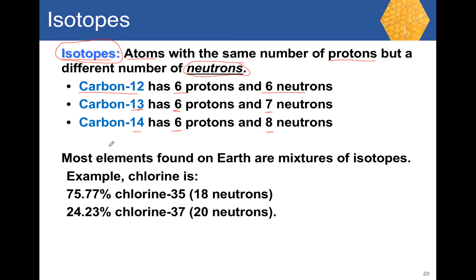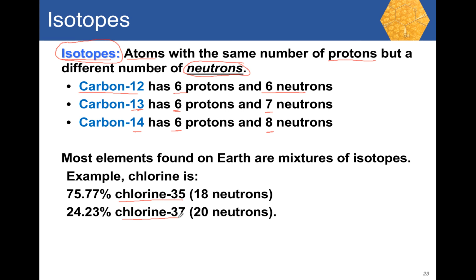But let us look at what's found in nature. If you went outside and found some elemental chlorine, what you will discover is that it consists of 2 isotopes, chlorine 35 and chlorine 37. Think about that for a second. These 2 chlorine atoms are essentially the same.